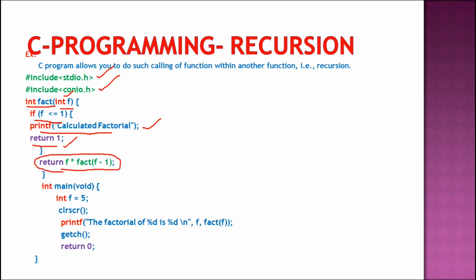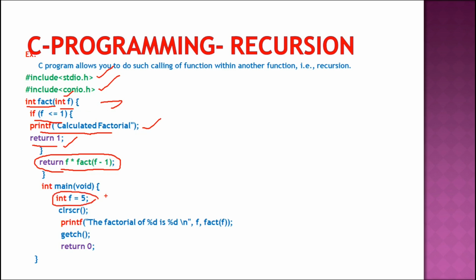In the sense, whenever you give an example, f value is equal to some value. Here, if you see the main function, our program always works from the main only, right?